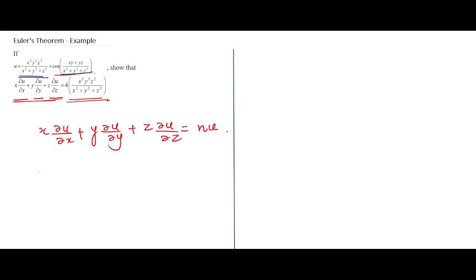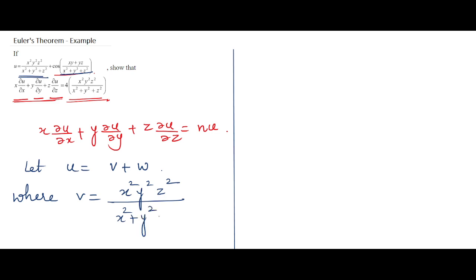So let us take u as v plus w, where v is equal to x square y square z square upon x square plus y square plus z square and w is equal to cos of (xy plus yz) upon x square plus y square plus z square.